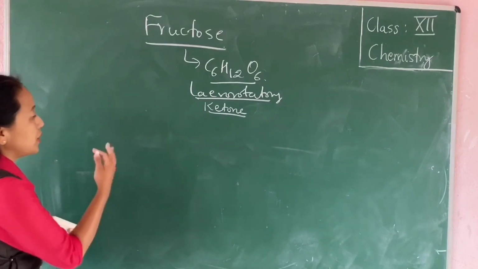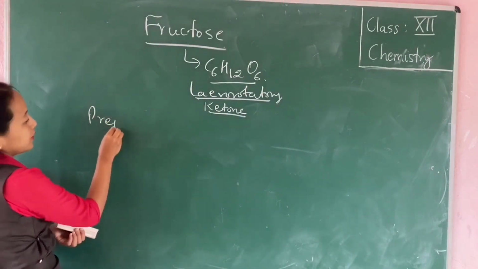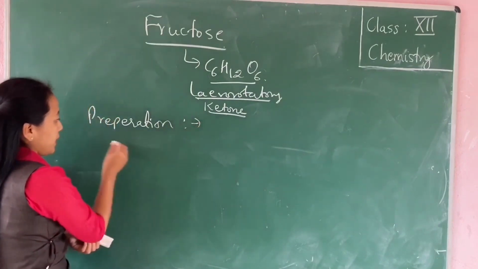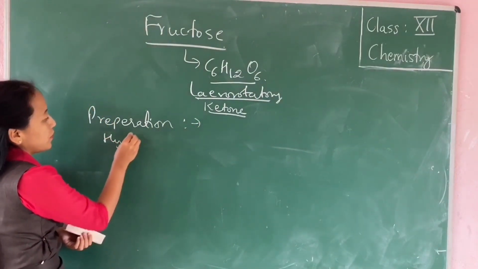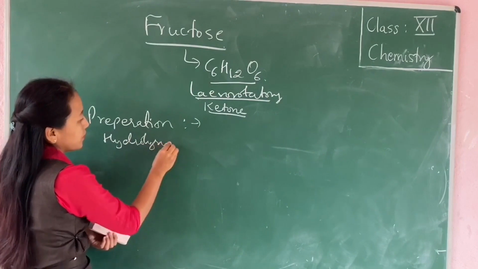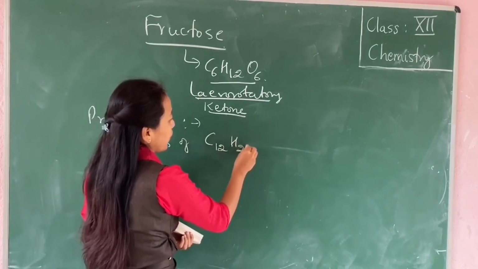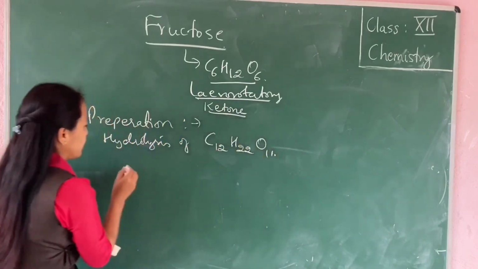Now coming to the preparation of fructose. Fructose can be prepared by the hydrolysis of sucrose. Sucrose is C12H22O11.